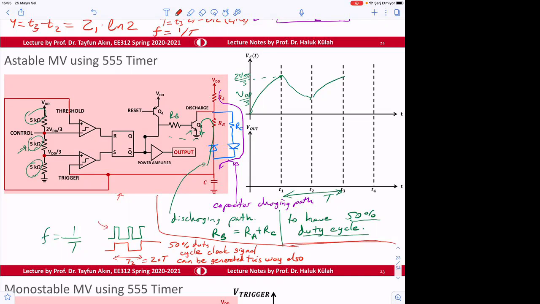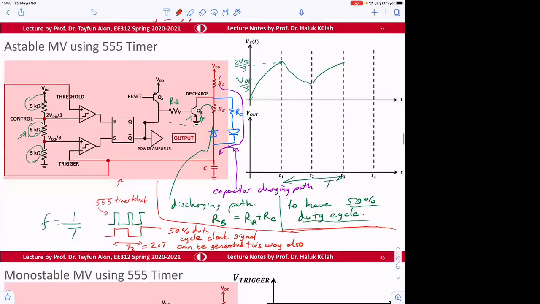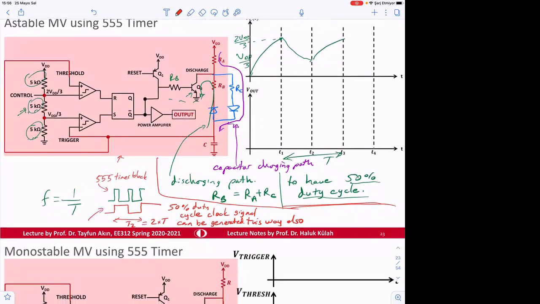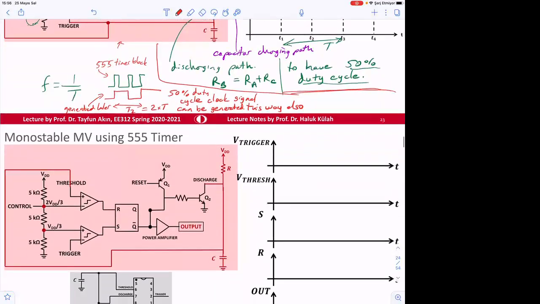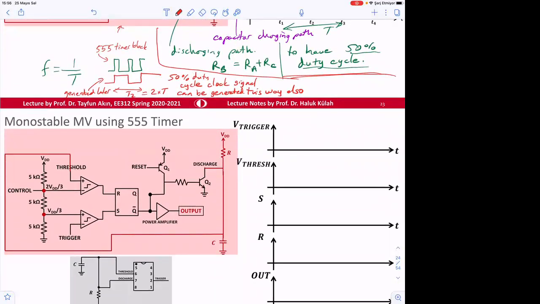So this is coming from the 555 timer. And then this is generated later with a latch, for example, or with a 1-bit counter, for example. Okay.